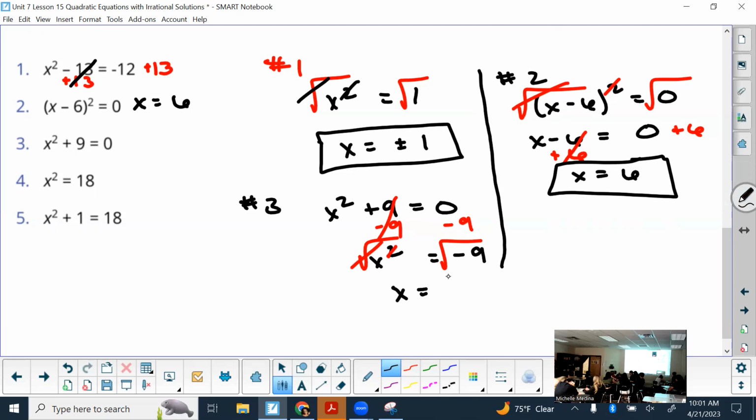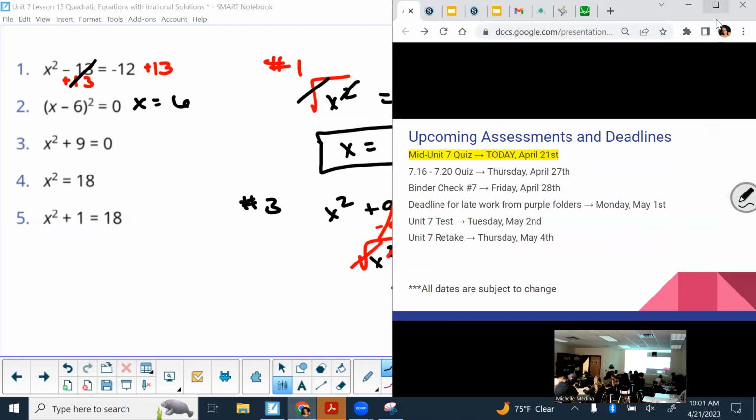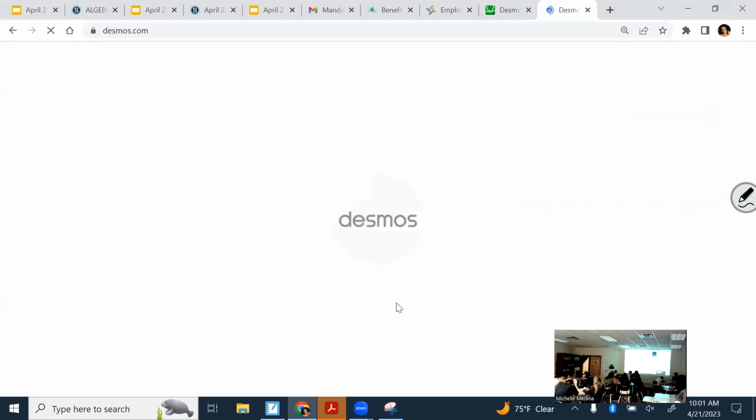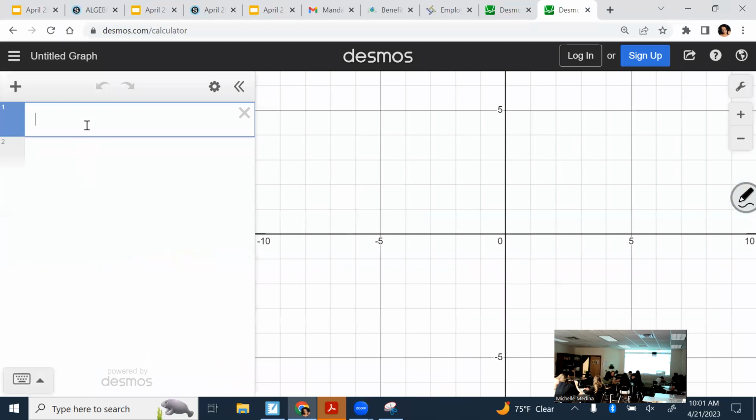Well, did you put that in your calculator? If you did, you would have seen that it is impossible to take the square root of a negative.